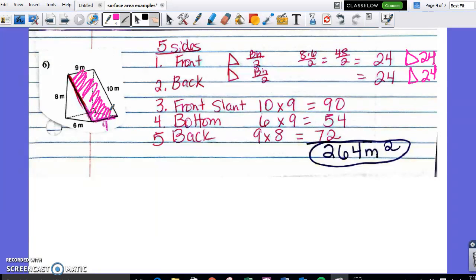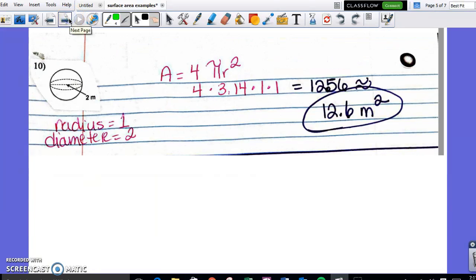And that's a 10 by 9. The bottom, a 6 by 9. And the back that I am describing as the back is this big piece back here. Okay, so I just kind of put those together, multiply them, all of them are base times height, and that's what you do from there.